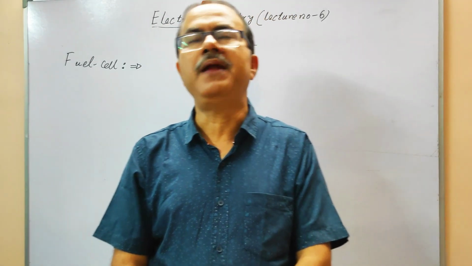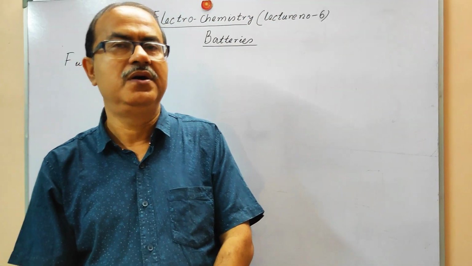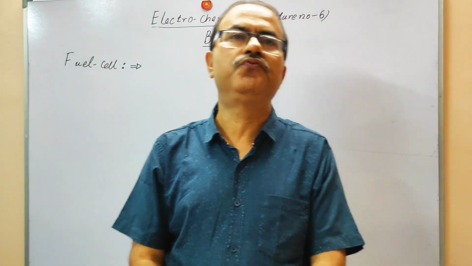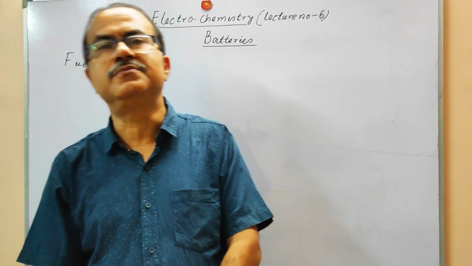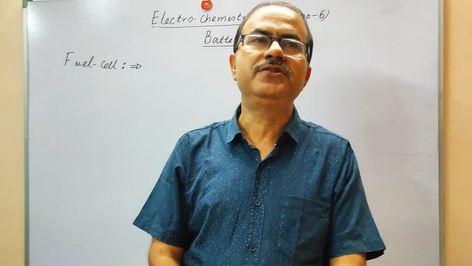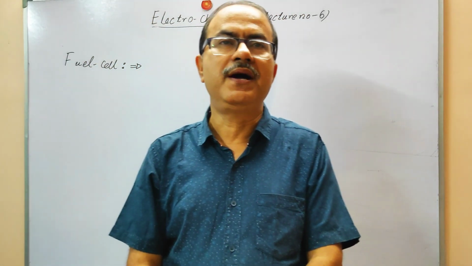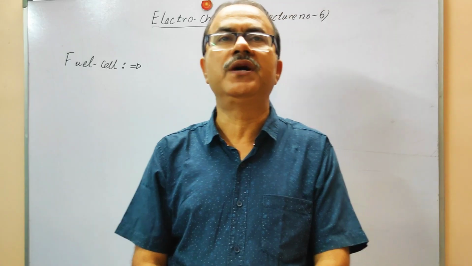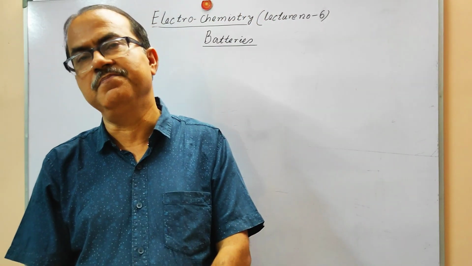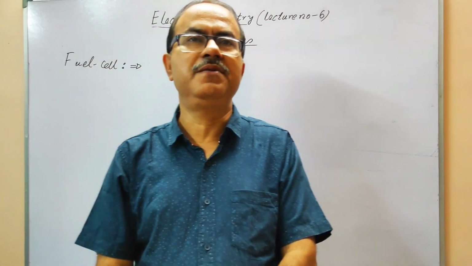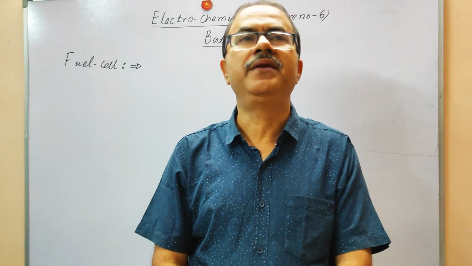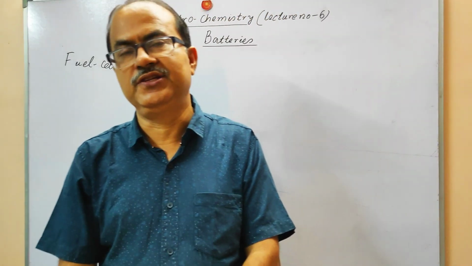Normally in the thermal plant, what we observe? We observe all these fossil fuels, that is the coal, has been burnt, and this heat of combustion is utilized to convert the water into the high pressure steam, and this high pressure steam will run the turbine to produce the electricity.